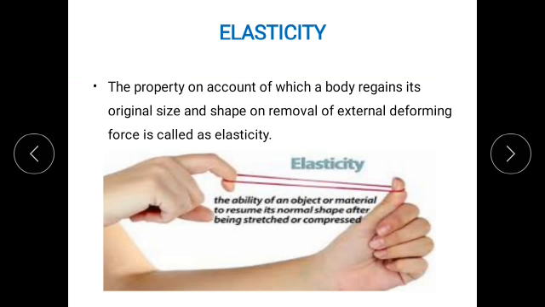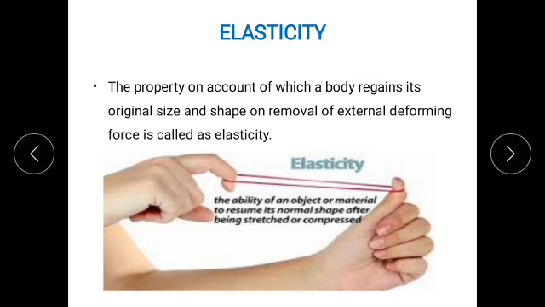When we release that force, or when the force is removed, the rubber band returns to its original position. This is the property of a body due to which it regains its original shape and size when the external force is removed. That property of a body is called elasticity.